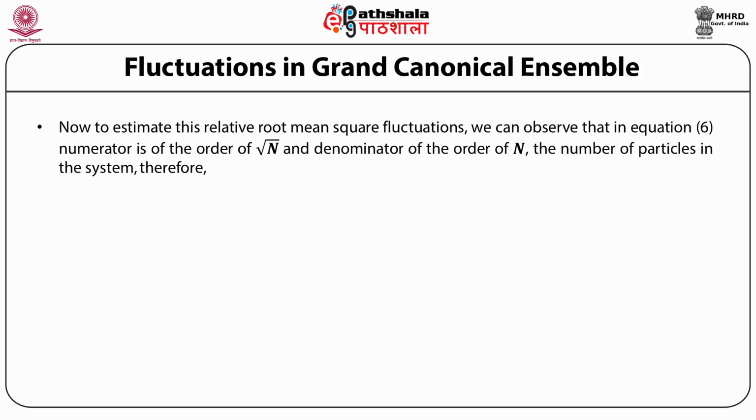Therefore, we have the square root of the variance divided by the mean value of the number of particles, which is the relative root mean square fluctuation, equal to the square root of kBT multiplied by the partial derivative of n with respect to mu at constant T and V divided by the mean value of n, approximately of the order of 1 upon square root of n. Step 22. Thus, the relative root mean square fluctuation is of the order of 1 upon square root of n.